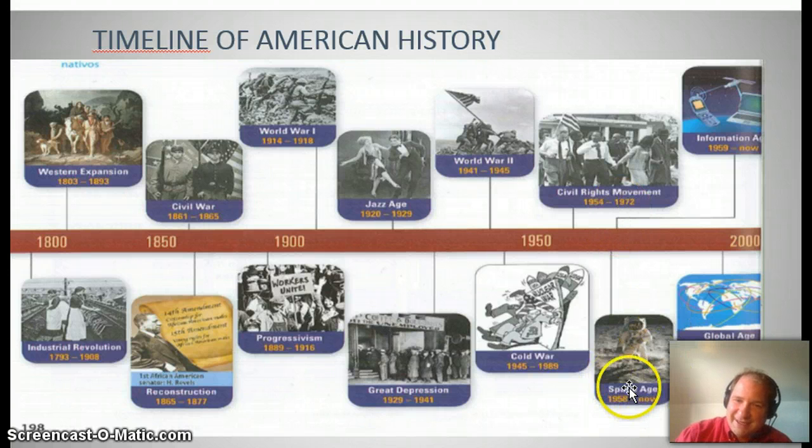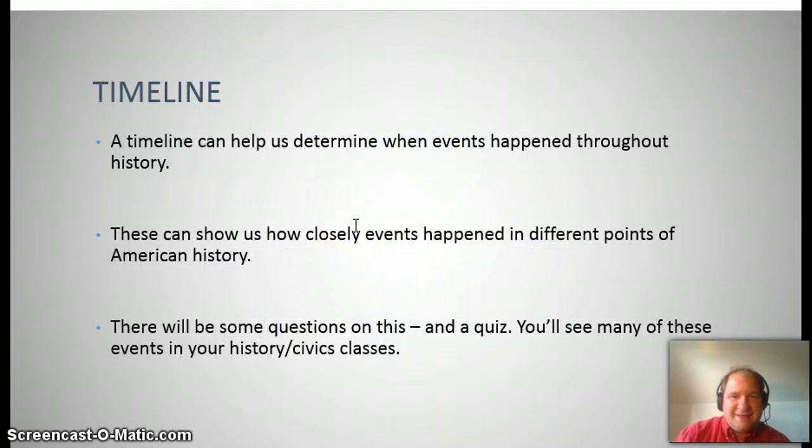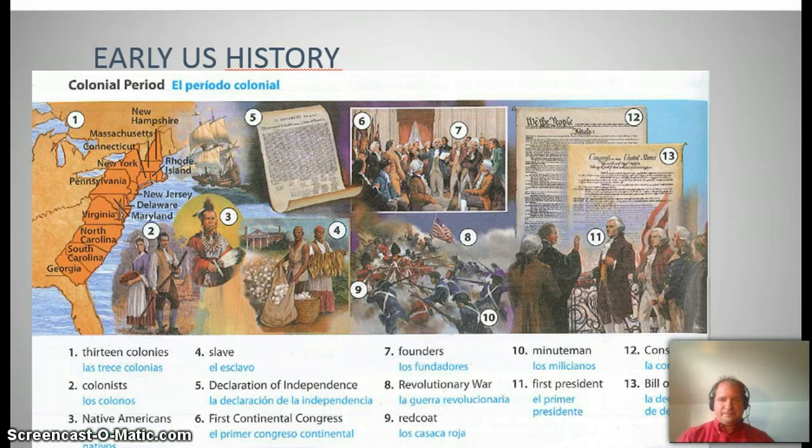A lot of work undone. And right now, we're considered the global space age and information age. So timelines, it can show us how far things are apart. You're going to see a lot of these in your history, civics classes, whatever they are. If you don't, you can take a look at some. But let's take a look at before when that timeline began.